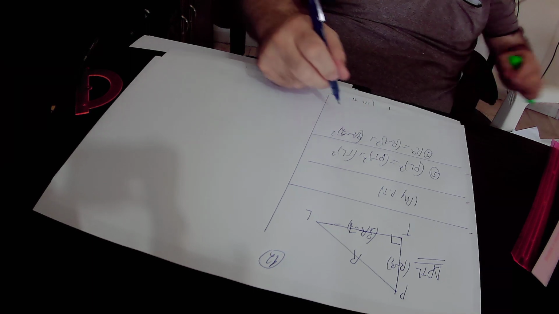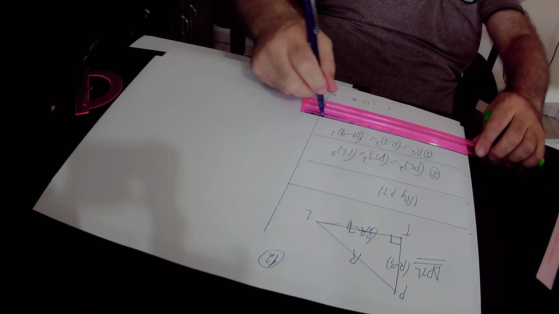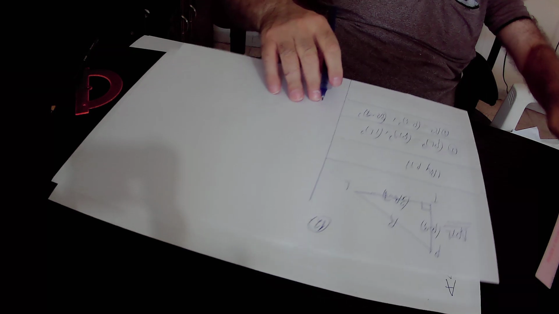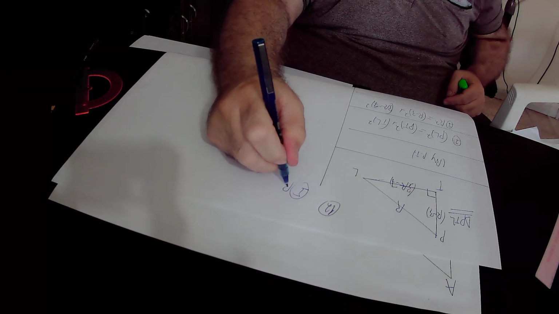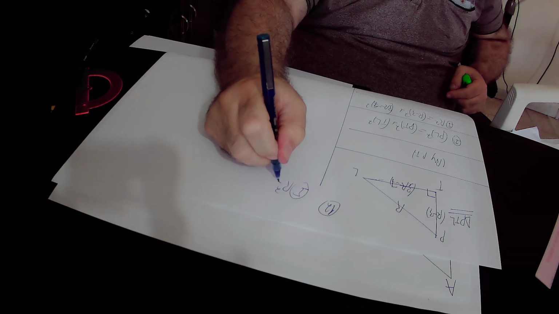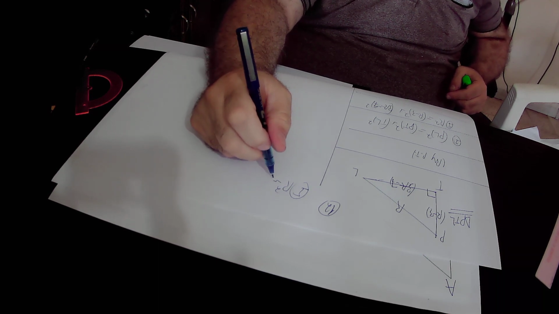So here we'll open the brackets on this side of equation number 1, and we'll get that according to equation number 1, R square is equal to (R minus 3) square plus (3R minus 7) square.